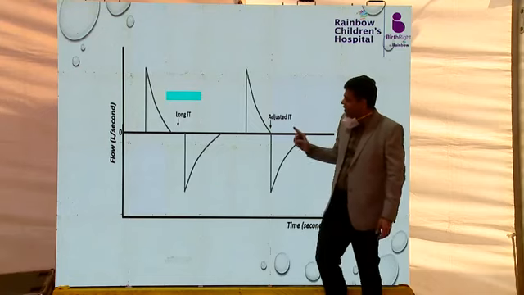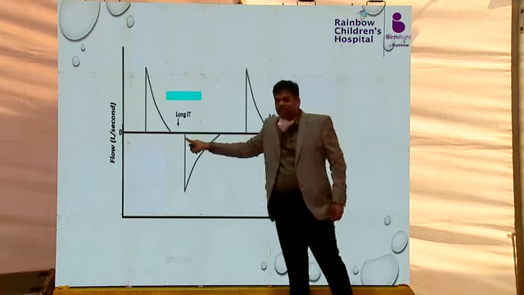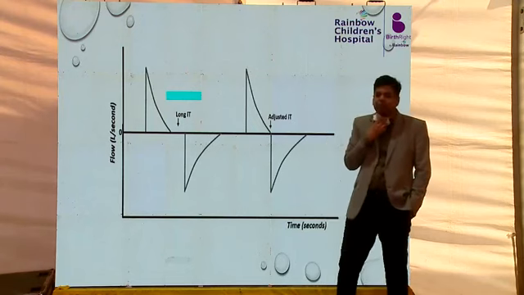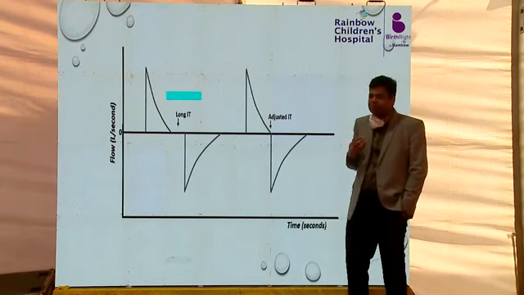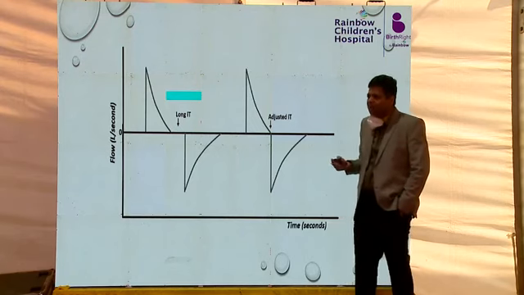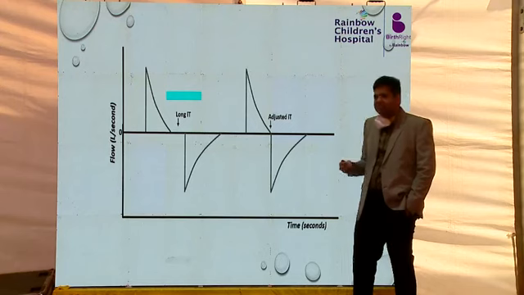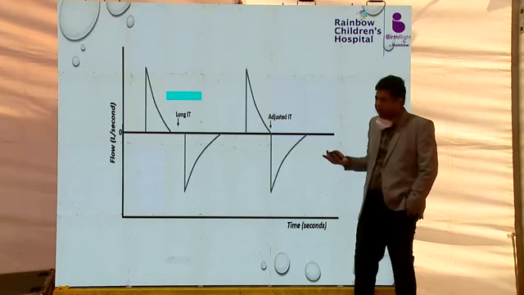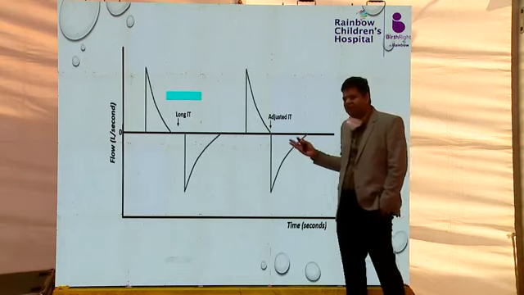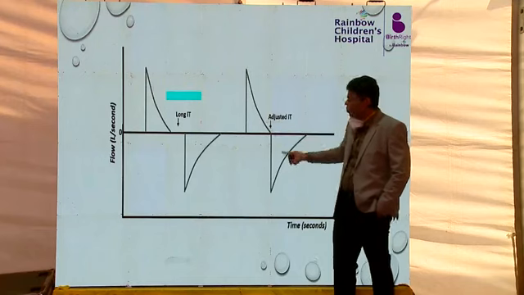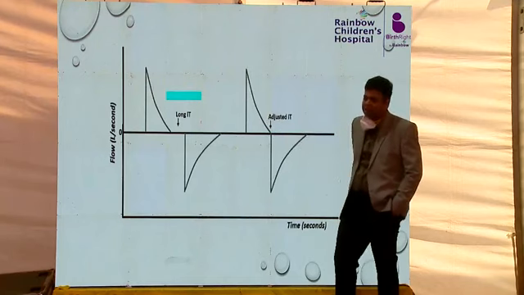So the baby needs a TI of 0.3, but you have kept a TI of 0.5. So what is the harm? What harm can it lead to? Long TI can lead to barotrauma, tracheobronchitis, even air leaks also. So unnecessarily long TI should not be there. So what you will do, you will decrease the TI and your waveform should look like this. This is the adequate TI.